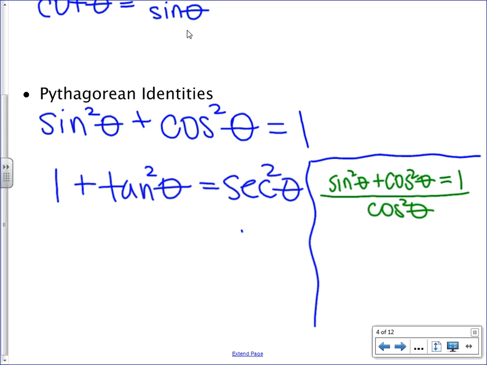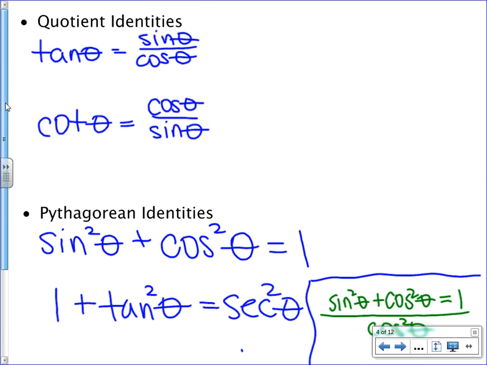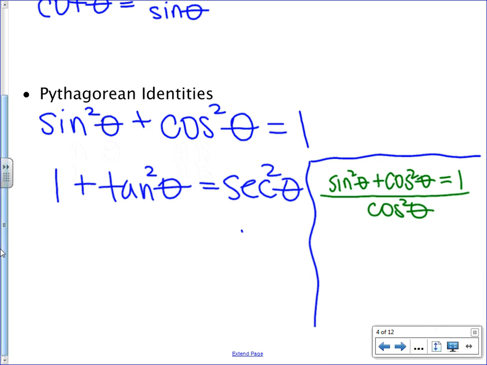What is sine squared divided by cosine squared? What is sine divided by cosine? Sine divided by cosine is tangent. So sine squared divided by cosine squared is tangent squared.